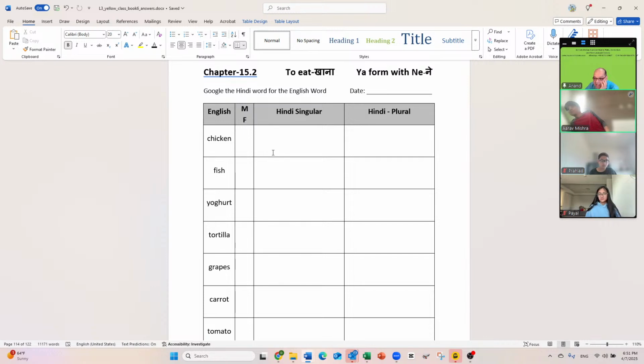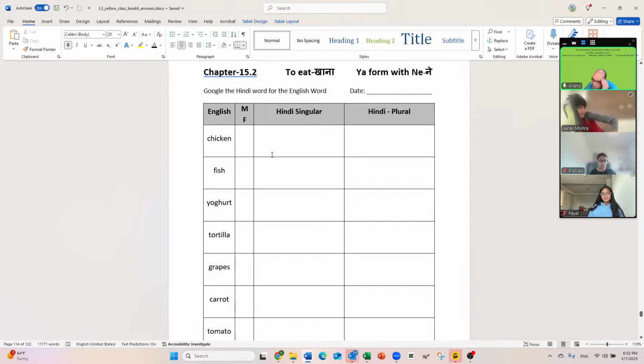So if I say I ate chicken, how do you say that? मैंने मुर्गी खाया, मैंने मुर्गी खाया है. You would normally say that. But murgi is feminine. If Google Translator gives you the right sentence, it should say मैंने मुर्गी खाई है. Then you would know that the gender is changing because we are using ne. If it's saying खाई है, which means murgi is feminine.